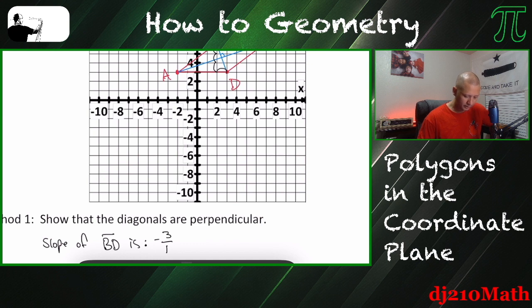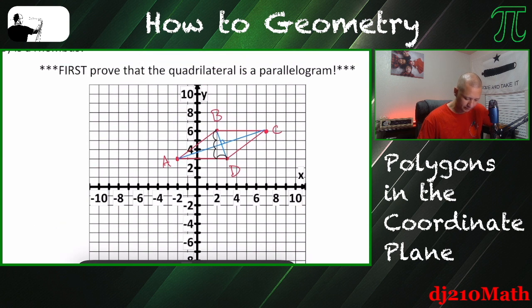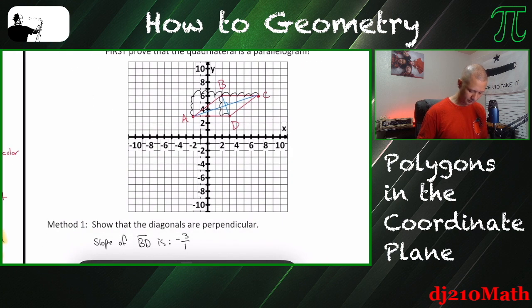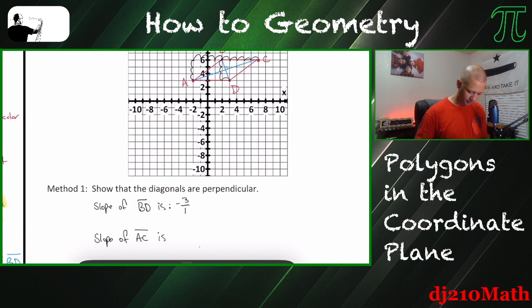All right, next, let's show that AC is perpendicular by counting the slope. Starting at A and counting up, so positive 1, 2, 3, to the right 1, 2, 3, 4, 5, 6, 7, 8, 9. So 3 over 9, positive 3 over 9, which reduces to 1 over 3.